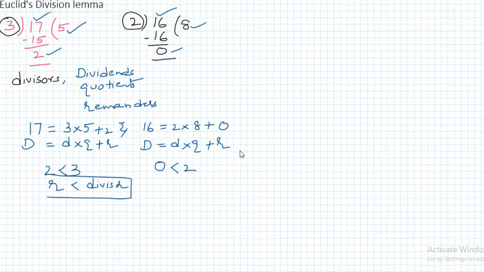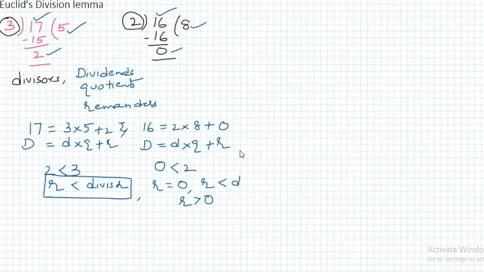This is the first thing we noted here. And one more thing is, this remainder can be either equal to 0 or, as we have discussed earlier, it is less than divisor, but this remainder is always greater than 0.